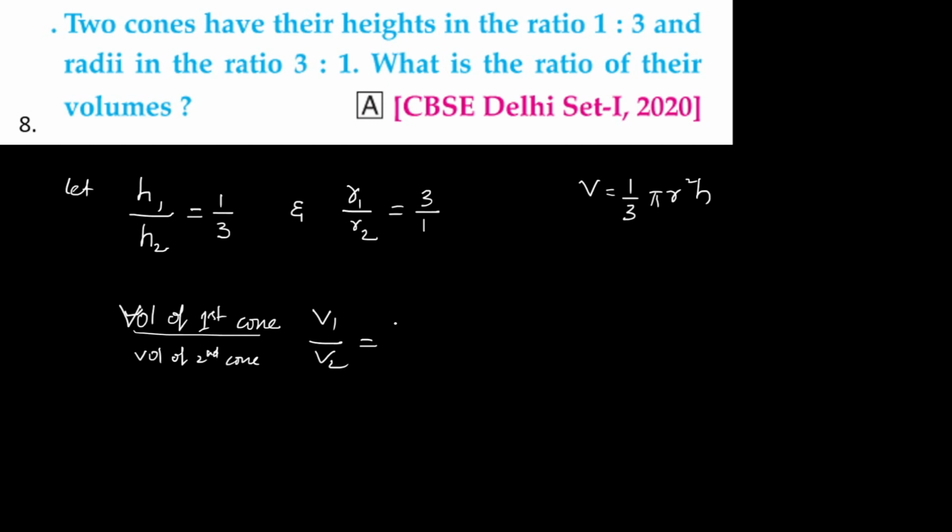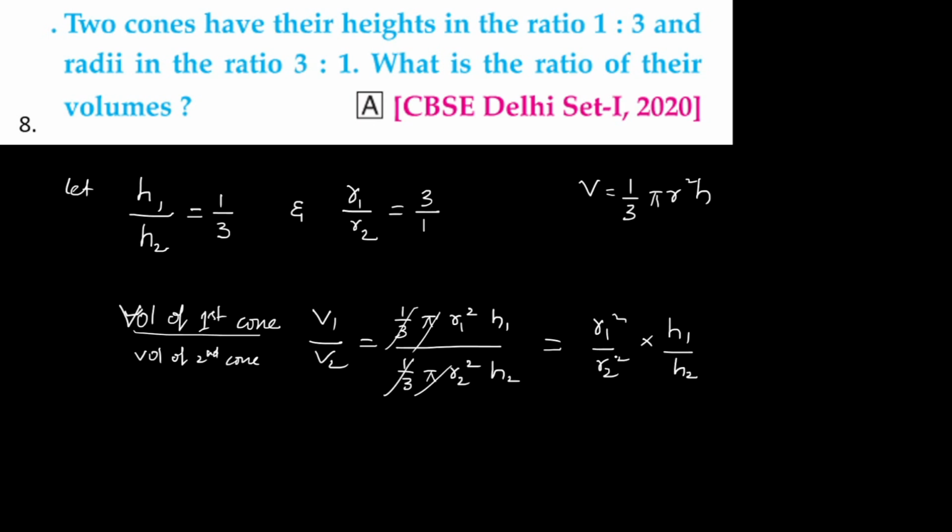So V1 by V2 will become 1/3 pi r1 square h1 by 1/3 pi r2 square h2. So 1/3 gets cancelled, pi gets cancelled, and we have r1 square by r2 square into h1 by h2. Now r1 square by r2 square can be written as r1 by r2 whole square into h1 by h2.